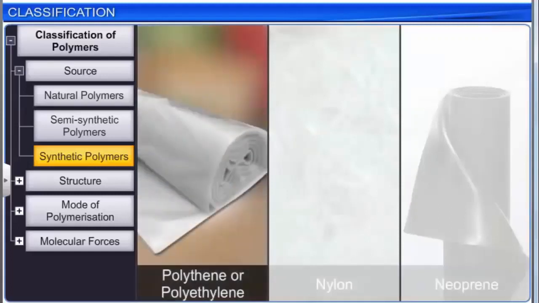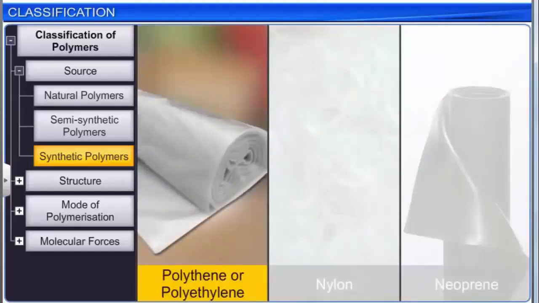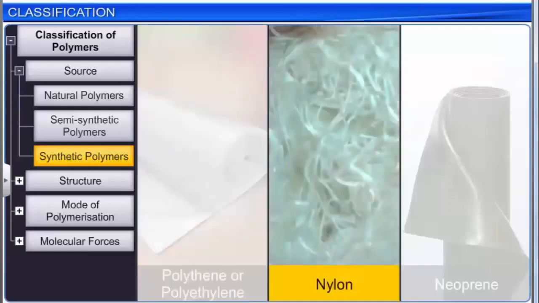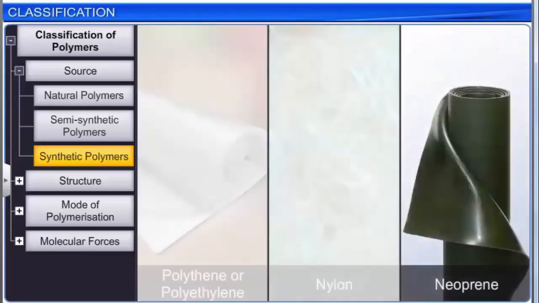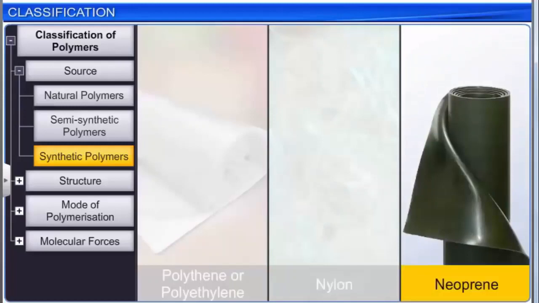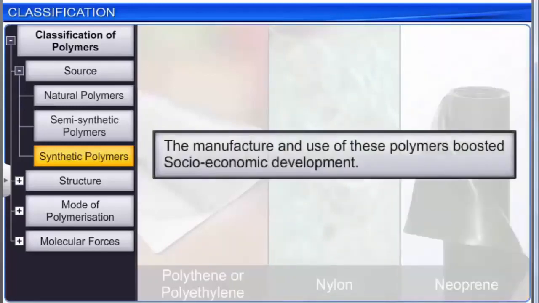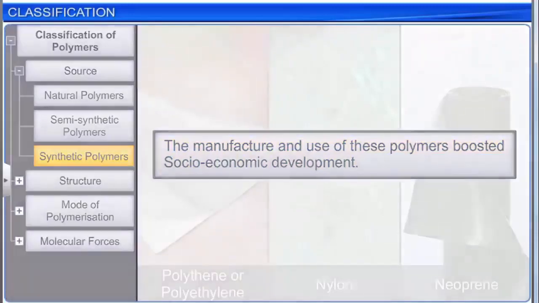Examples are plastics, such as polythene or polyethylene, fibers such as nylon, and synthetic rubbers such as neoprene. The manufacture and use of these polymers boosted socio-economic development.